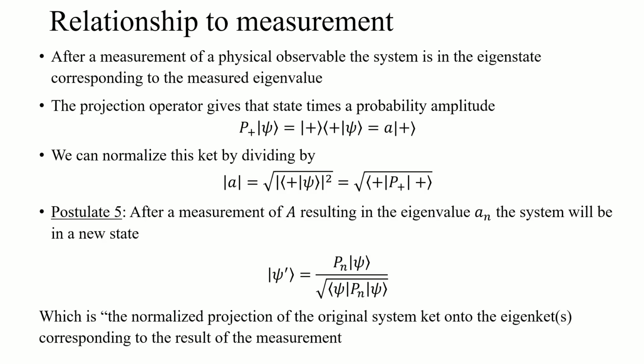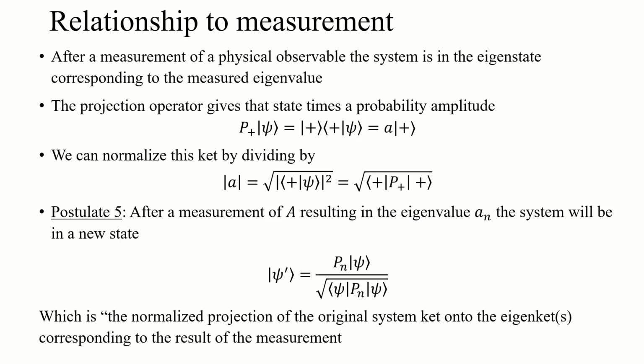So that's essentially what postulate 5 is. After a measurement of some observable A that resulted in an eigenvalue A sub n, the nth eigenvalue of that system, the system will then be in a new state, call it psi prime, that is simply the normalized projection of the original system ket onto the eigenket or kets corresponding to the result of that measurement.